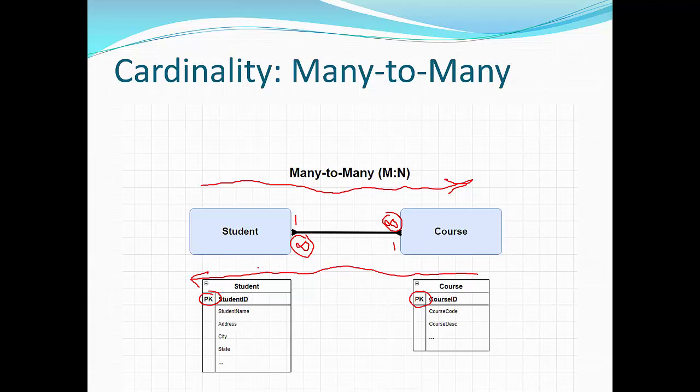We are able to relate it because we took the primary key of the one side to become the foreign key of the many side, right? So how would we do this in a many-to-many? Actually, it's almost impossible to do unless we intervene into the many-to-many.